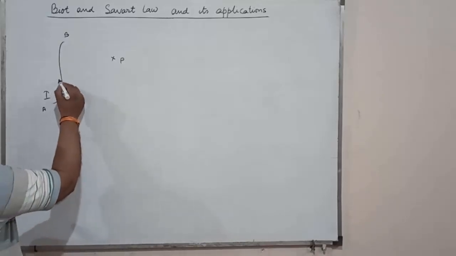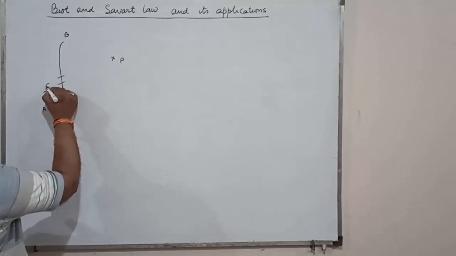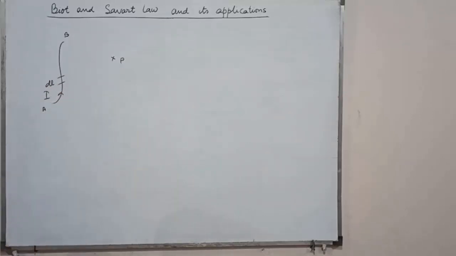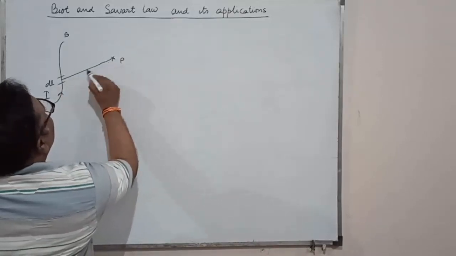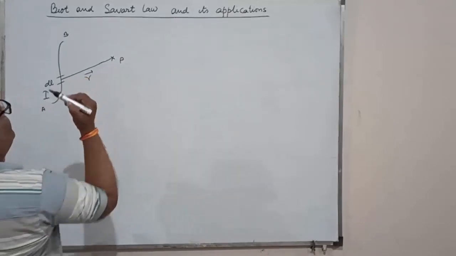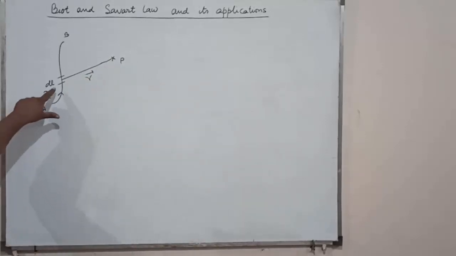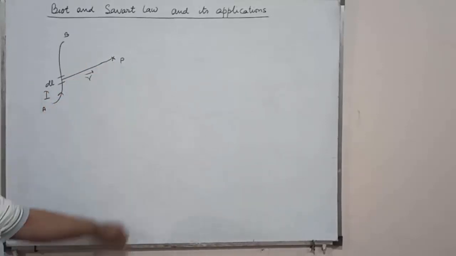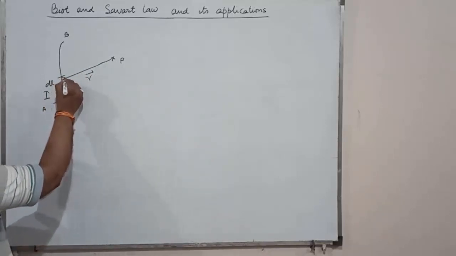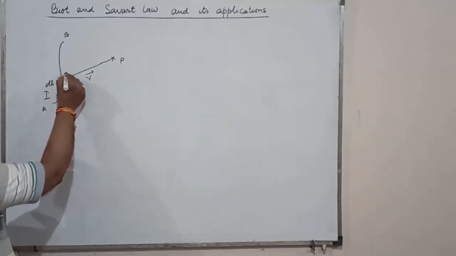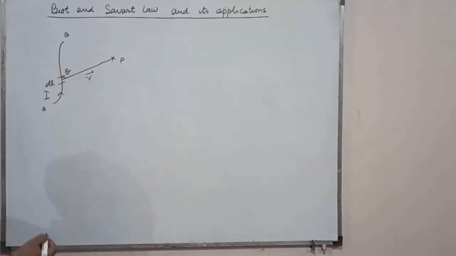Let us consider an infinitesimally small length dl of the conductor, and r is the distance between dl and the point P, and the angle between dl and r is theta.